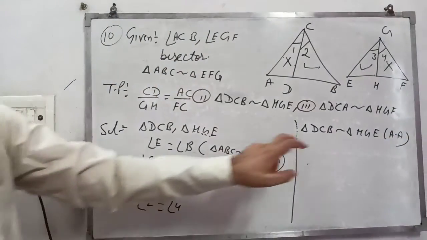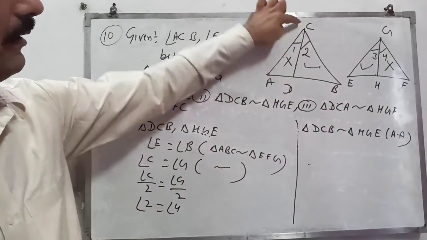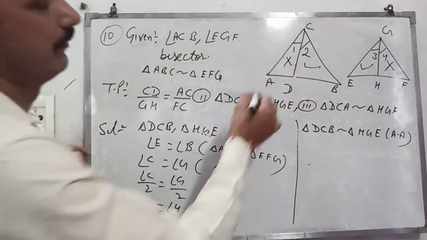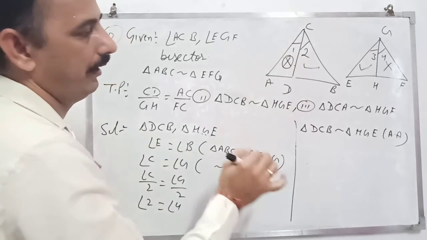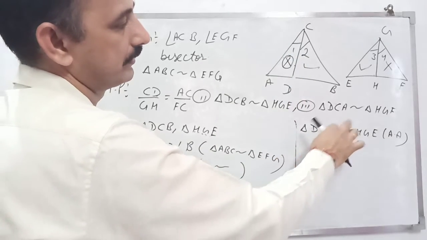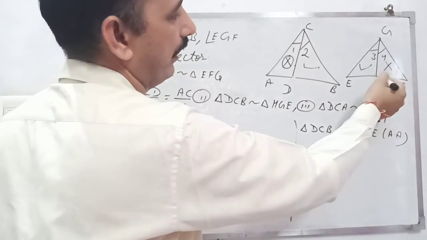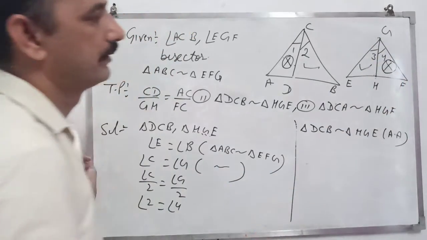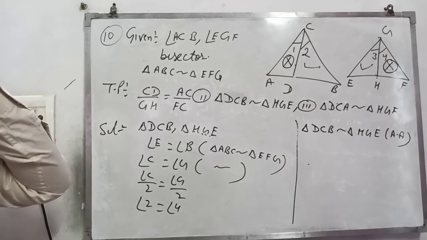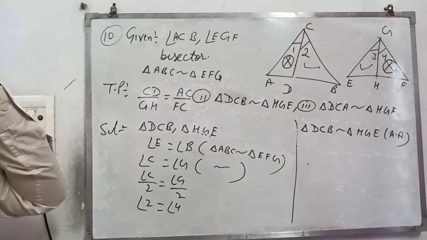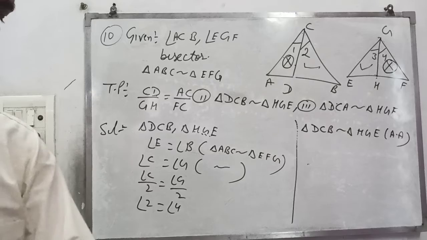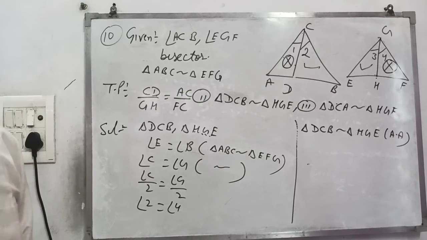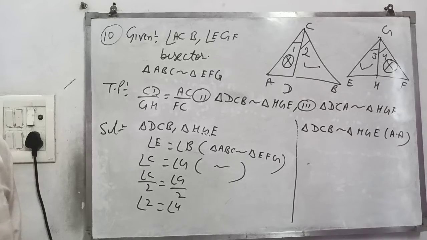Now the third part, we can also use triangle DCA, which we are looking for, and the next one is HGF, right? So in the same way we can prove that one also. Okay, come to the next question.